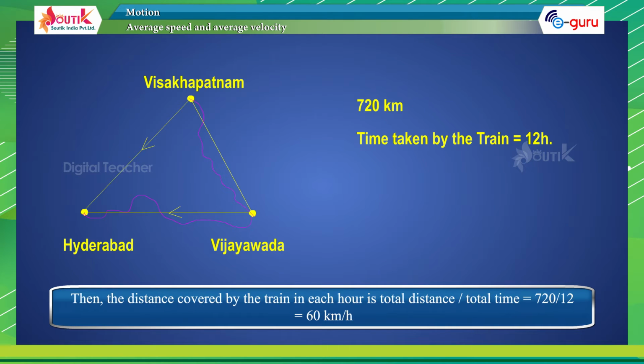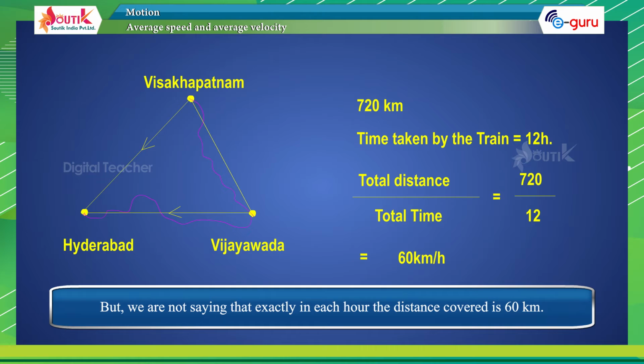Then the distance covered by the train in each hour is total distance divided by total time, which is 720 divided by 12, equal to 60 kilometers per hour.